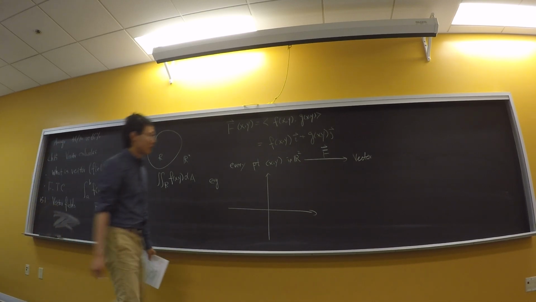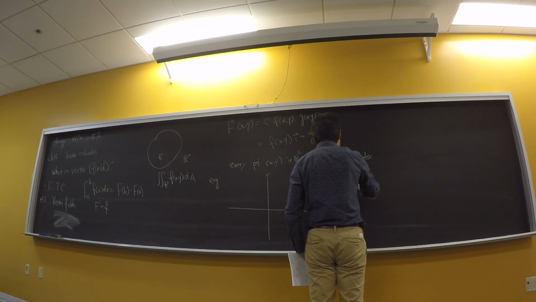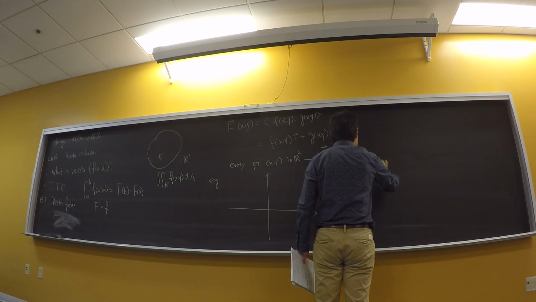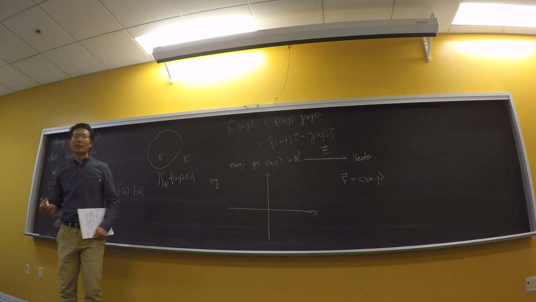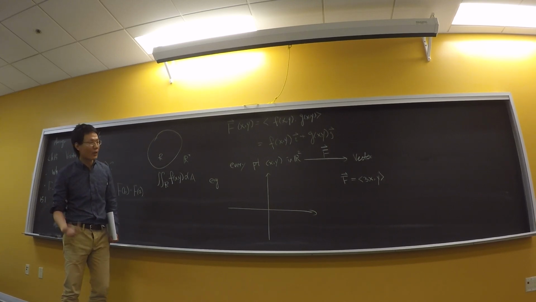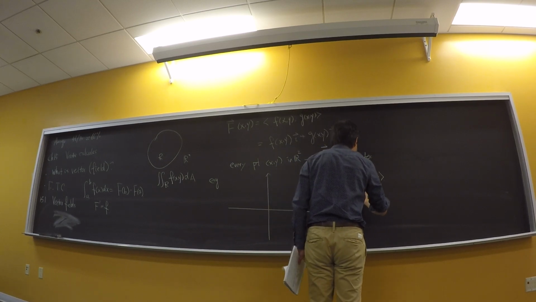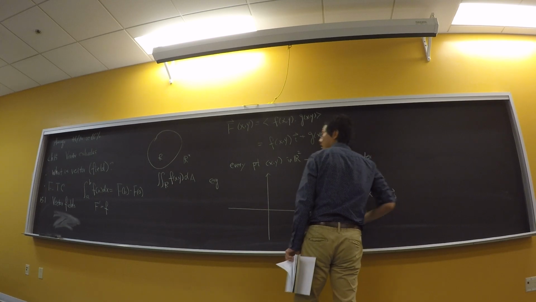I'll give you a couple of examples. For instance, let's look at this example: F is equal to 3x and y. Basically, the x component is defined as a function equal to 3x, and the y component equals y. According to the second notation, this is nothing but 3x times i plus y j.